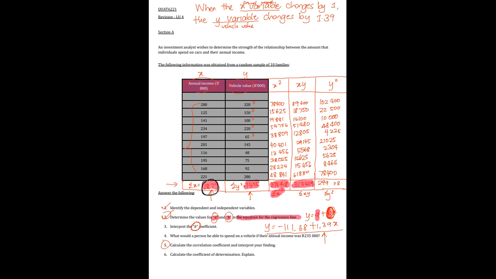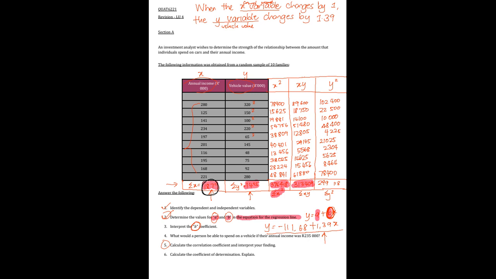So the reason I'm not specifically saying increase or decrease is because it is possible that it will work in either way. So what it's basically saying to you is that if the annual income decreases by 1, then the value of the vehicle will decrease by 1.39.